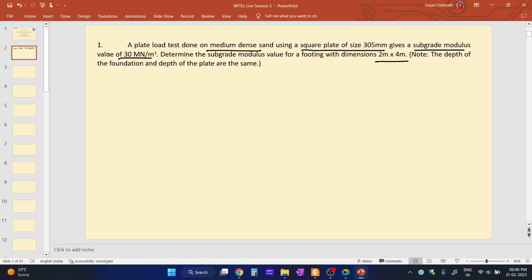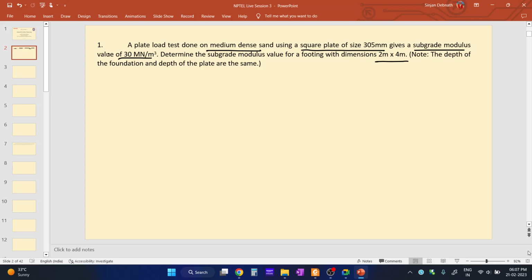Before starting this problem, I want to discuss some points with you, like how to determine the subgrade modulus for the footing. So generally, Terzaghi developed some formulas for the plate load test.